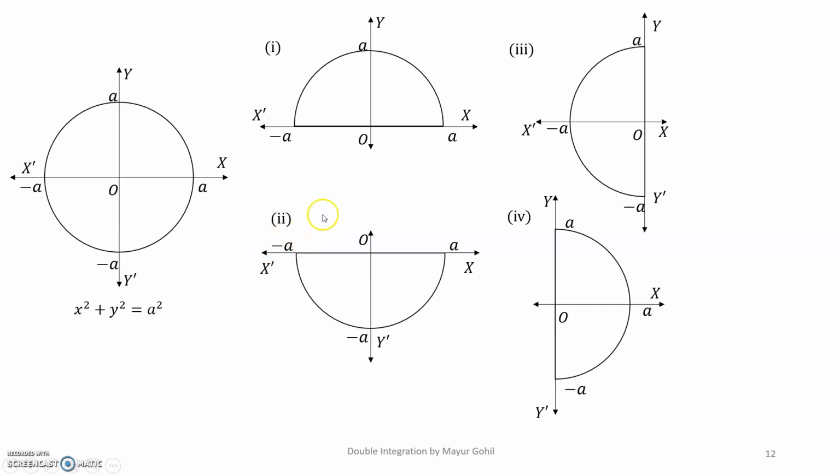Let me show you. The equation of the first semicircle is going to be y equals the square root of a square minus x square. Now it's a positive square root. And the equation of the second semicircle is going to be y equals minus the square root of a square minus x square.